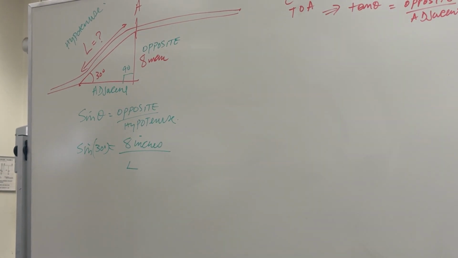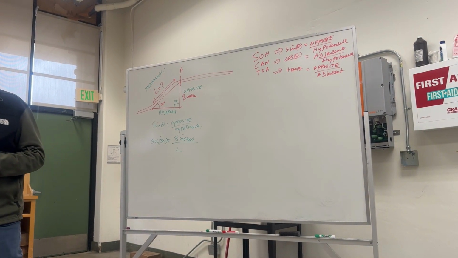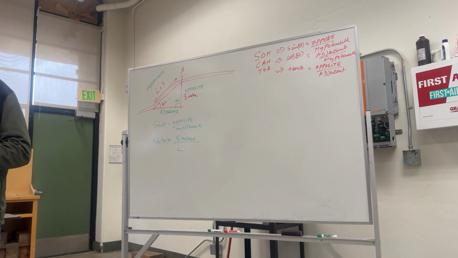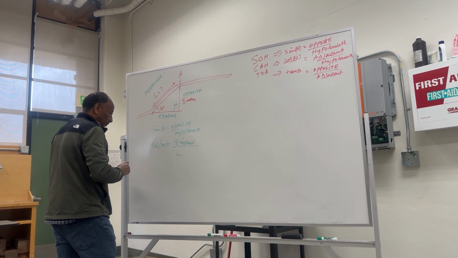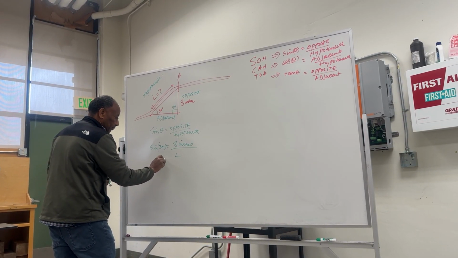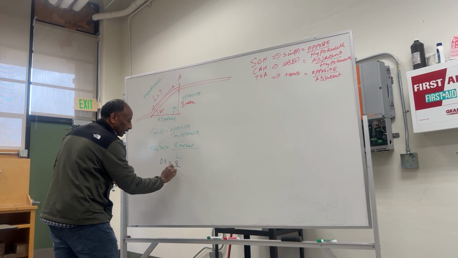Someone tell me what sine 30 is. Right, that's 1/2, that's 0.5, equal to 8 over L.